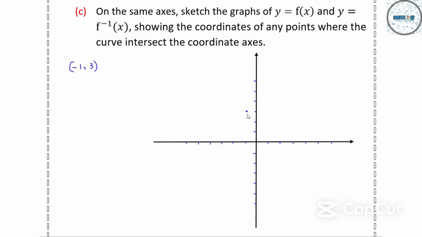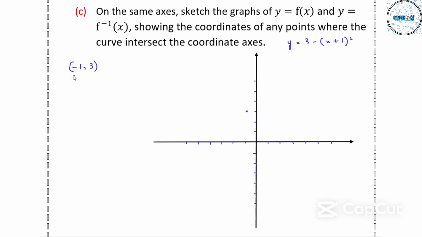And we have to consider the values of x which are greater than -1. So we can take one of the values as 0. We have the equation y is equal to 3 minus (x plus 1) whole square. When we substitute x as 0, it will be 0 plus 1, which is 1, 1 square is 1, then 3 minus 1 is 2.